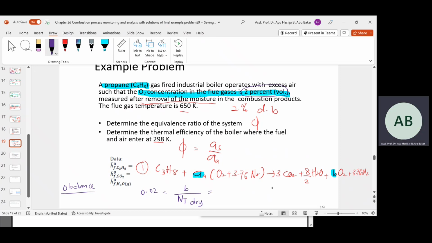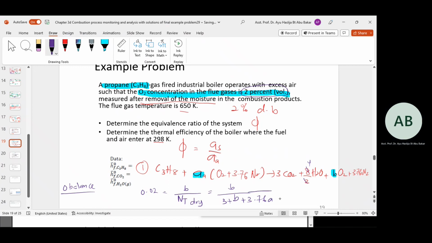Okay, so the N total is 3 plus B plus 3.768. The 4 is not included because it is dry basis.